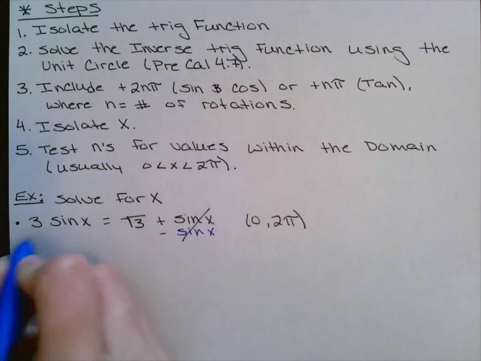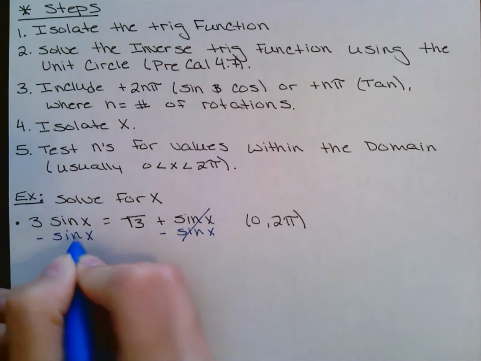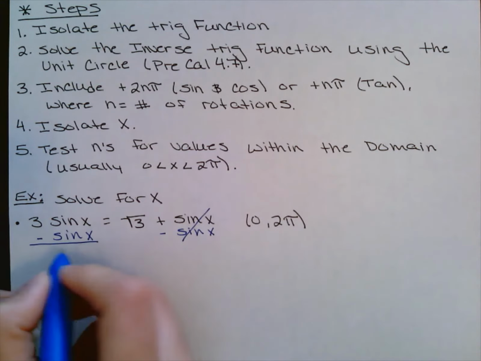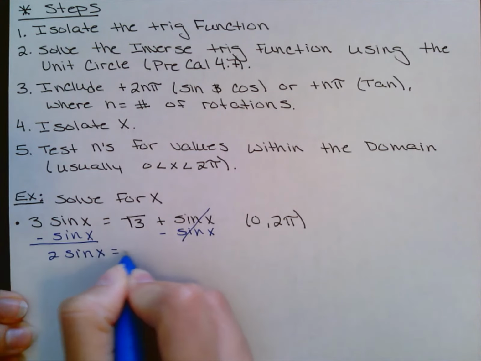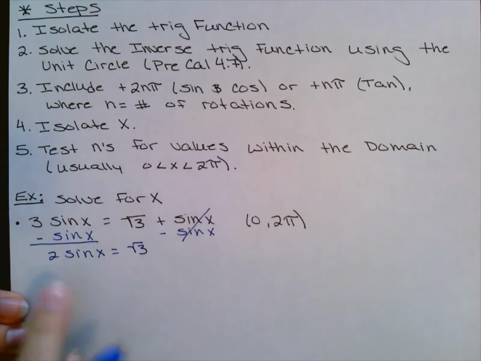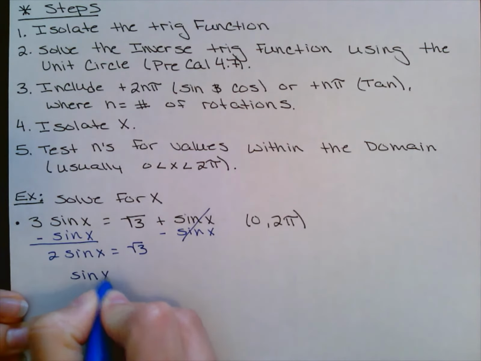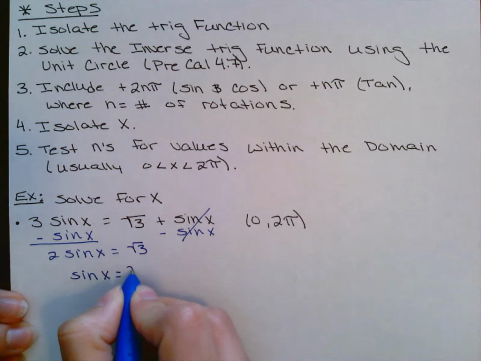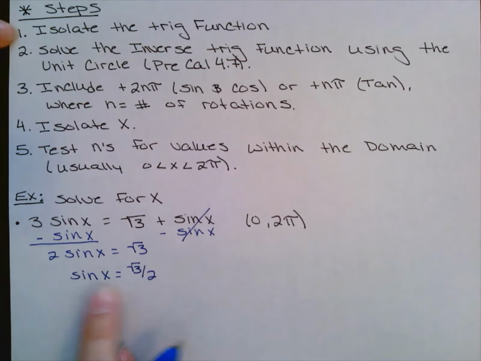This one cancels. 3 sines minus 1 sine gives me 2 sine of x equals square root of 3. Okay, I still haven't isolated that sine. Now I'm going to divide by 2. So sine of x equals radical 3 over 2. I am done with step 1. I have isolated my trig function.